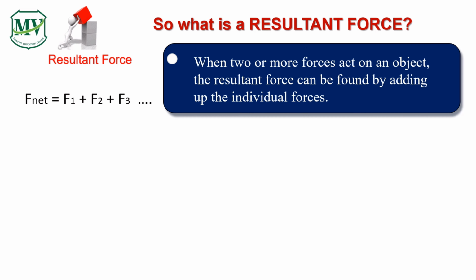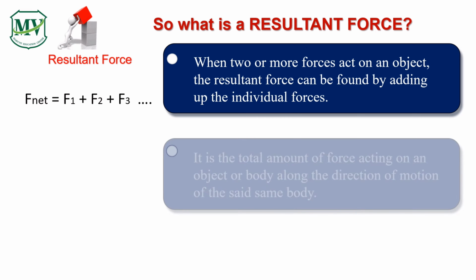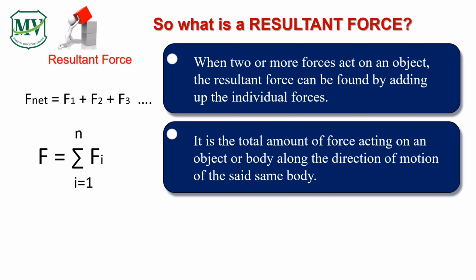This can be simplified with the mathematical expression as the summation of all forces F acting on a given body. If we know the mass m of an object and the acceleration a produced by the forces that act on it, we can find the resultant force using Newton's second law of motion.